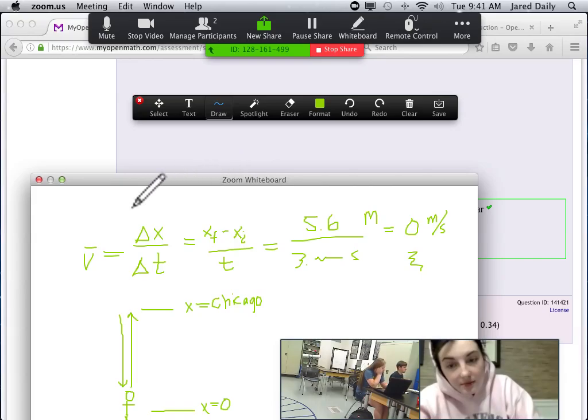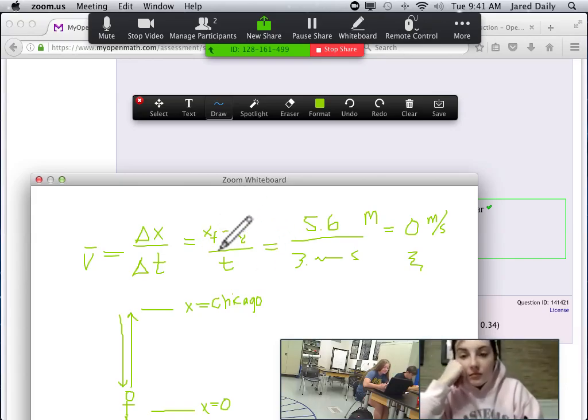So remember the definition, and this is another example of believing the math, right? The definition says it's displacement over time. And so the displacement has to do with where you end up compared to where you start, not your path. The path that you take there doesn't matter. All it cares about is where you end up compared to where you start.